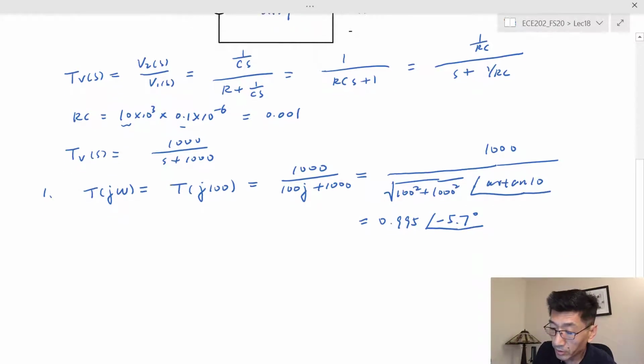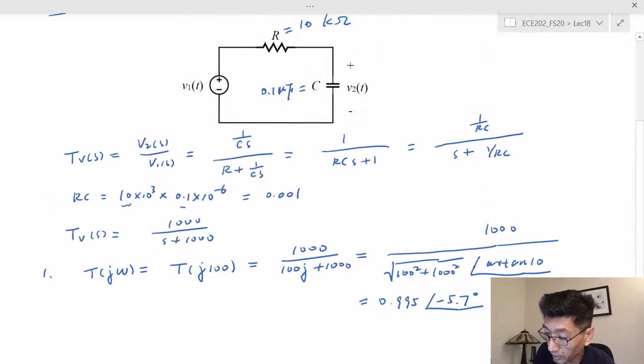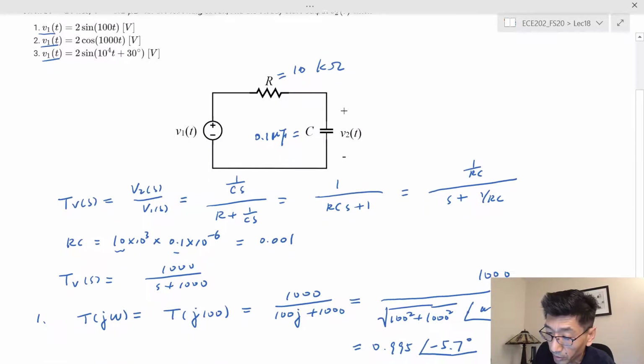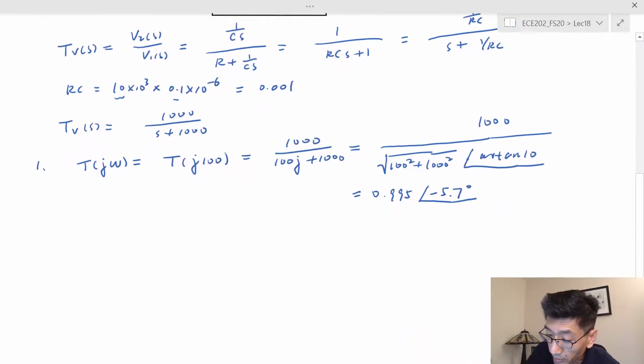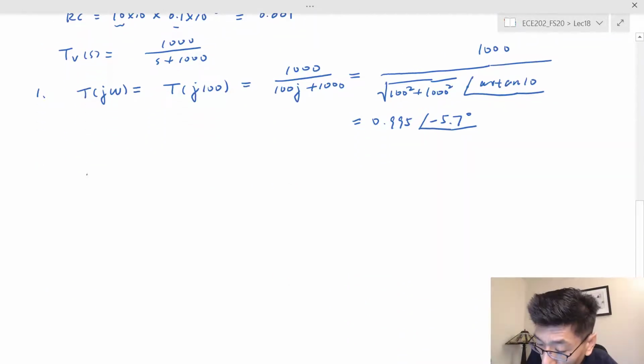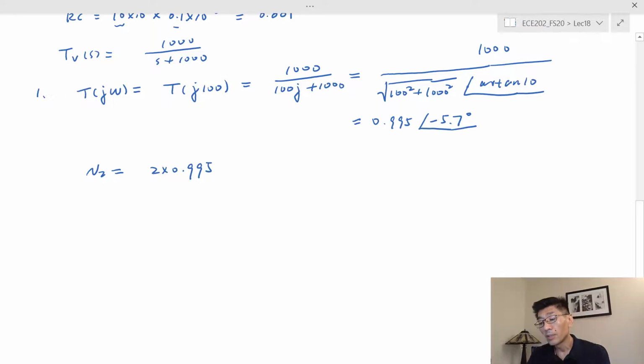Therefore, the amplitude of the steady state output V2 is the original amplitude, 2, times the magnitude of T(j omega). So V2 is going to be 2 times 0.995, which is the amplitude of the output response.